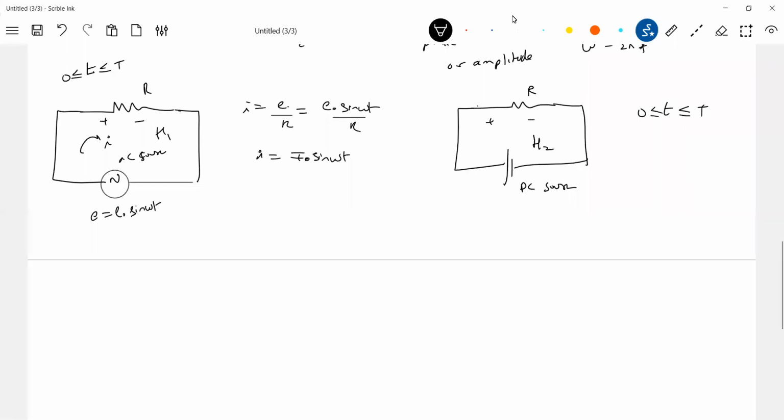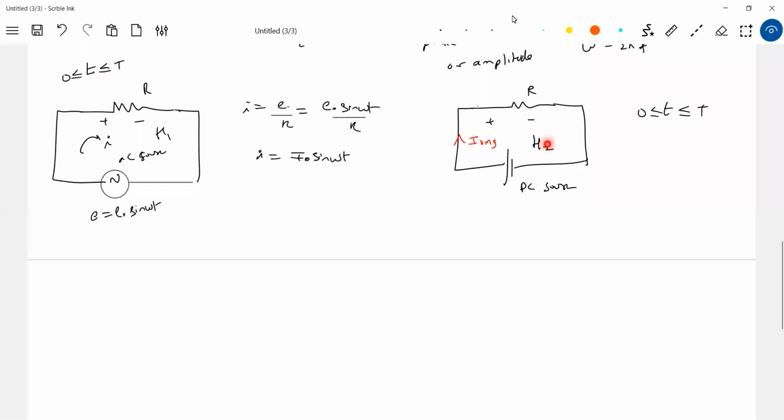What amount of heat is generated in the first circuit? Like this, here a varying current flows, and due to the varying current heat will be generated. I'll switch on this AC source for an interval of time 0 to capital T. What amount of heat is generated in the interval of 1 cycle?